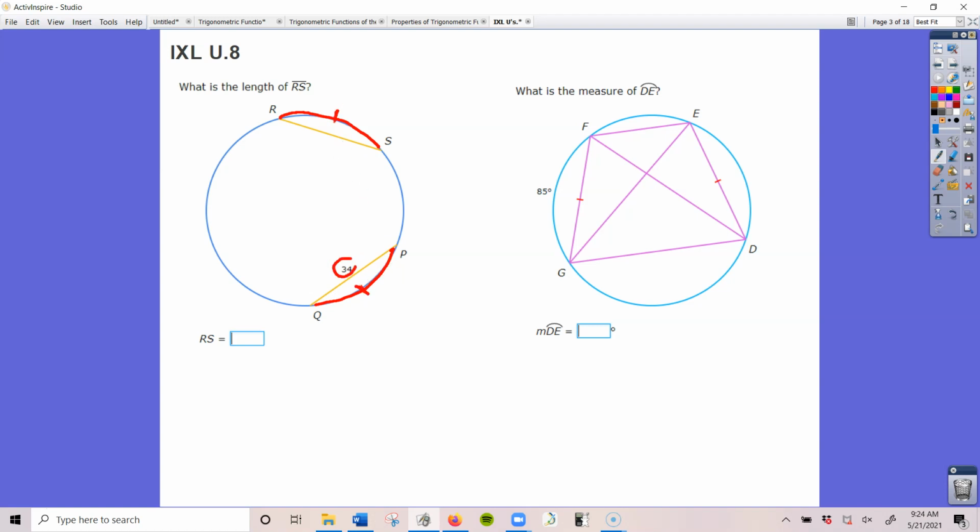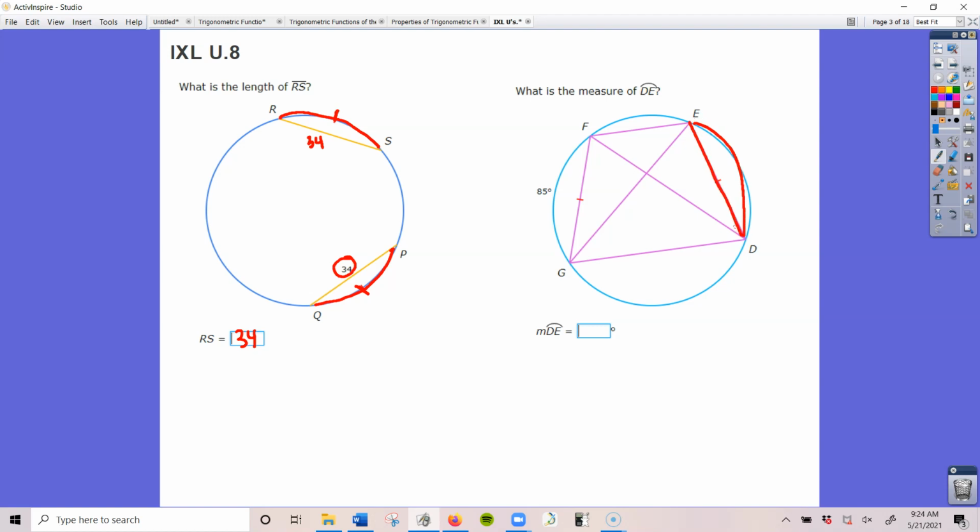That means that the chord lengths will be the same as well. So if PQ is 34 and it has the same arc as RS, then the chord RS is also going to be 34.